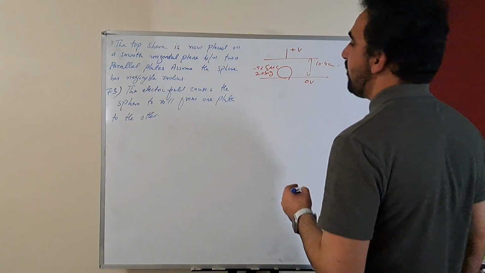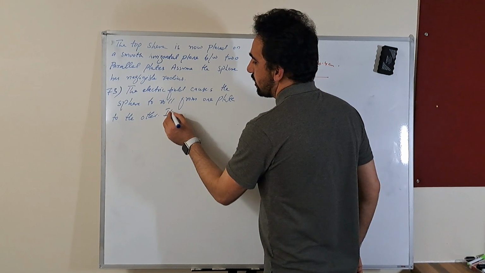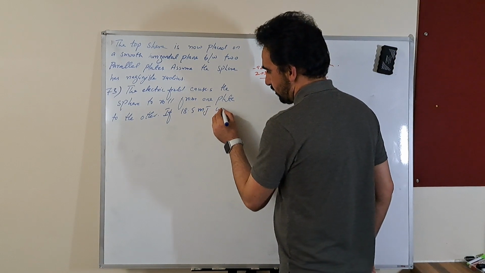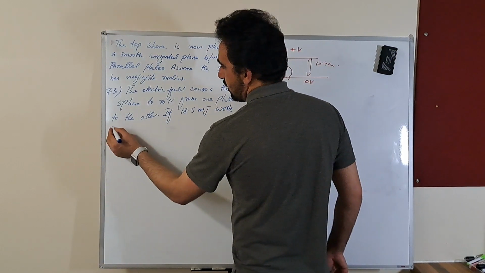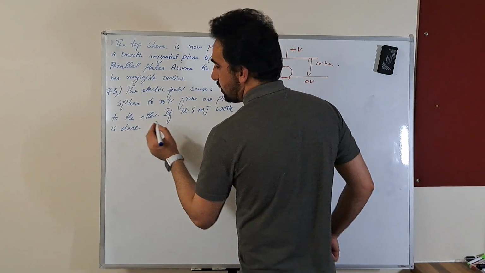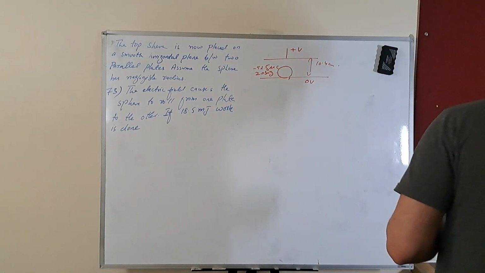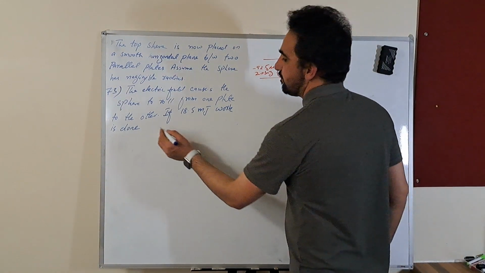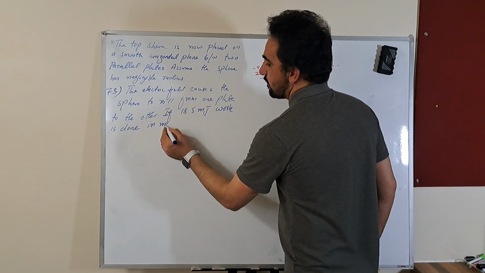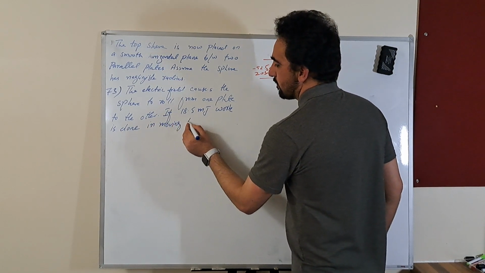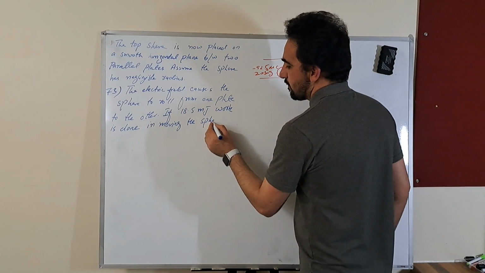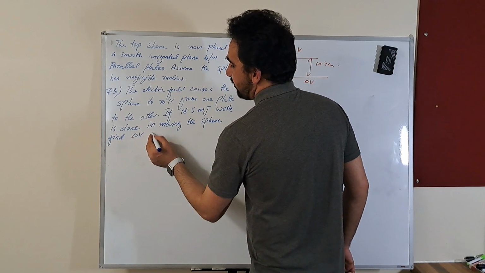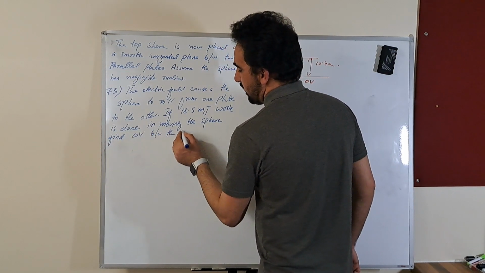If 18.5 millijoule work is done in moving the sphere, find the potential difference across the plate. Find delta V between the plates.